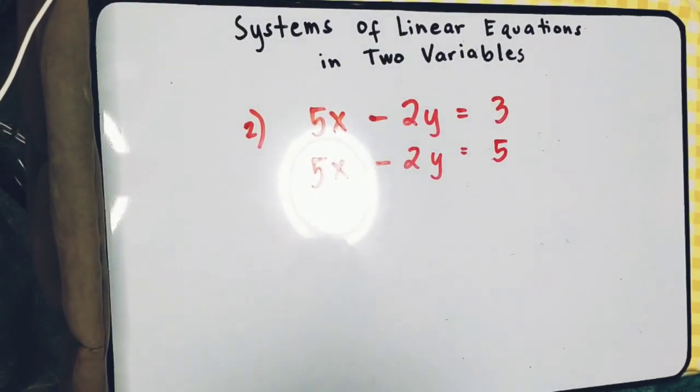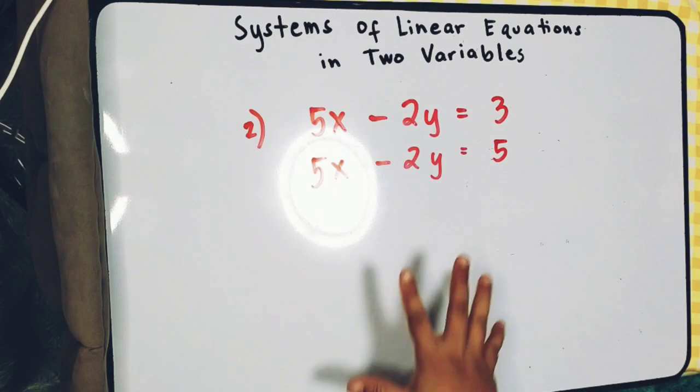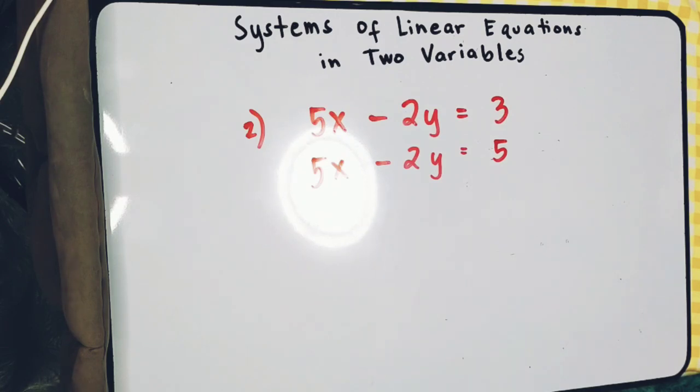Next example, given 5x minus 2y equals 3 and 5x minus 2y equals 5. So again, first step, check if the two equations are already in standard form. So, pareho naman naka-standard form, di ba? Then next is we're going to identify their ratios.